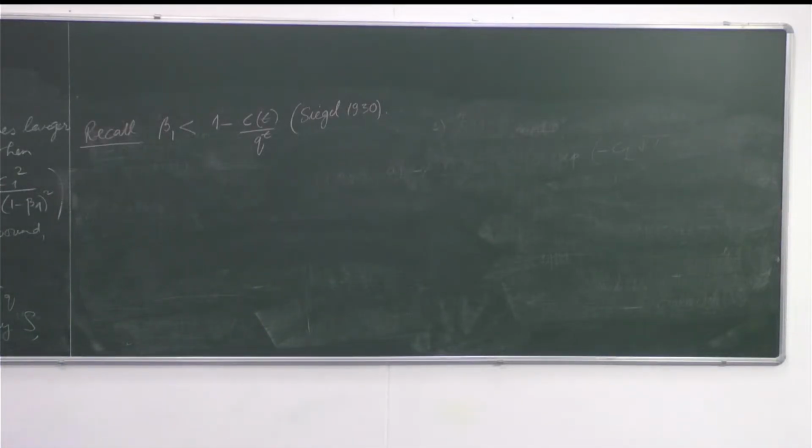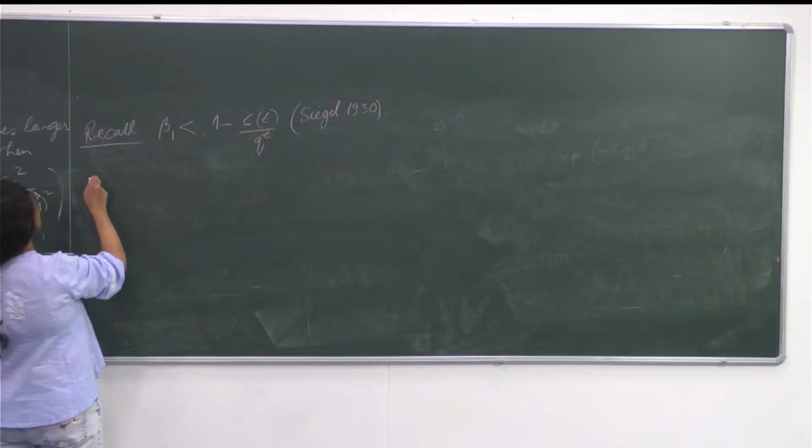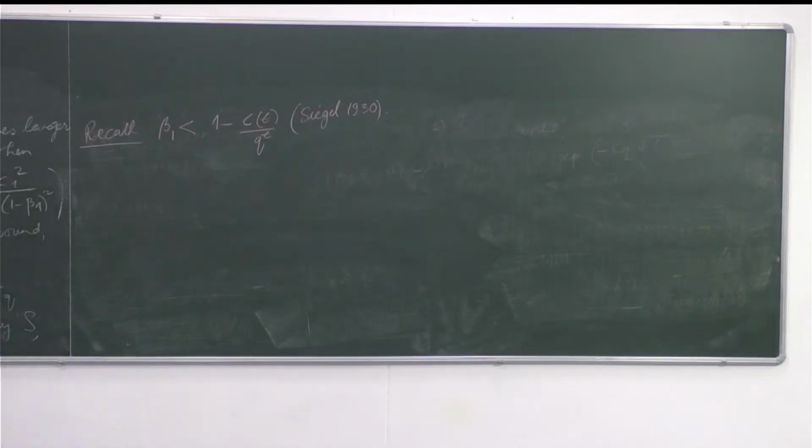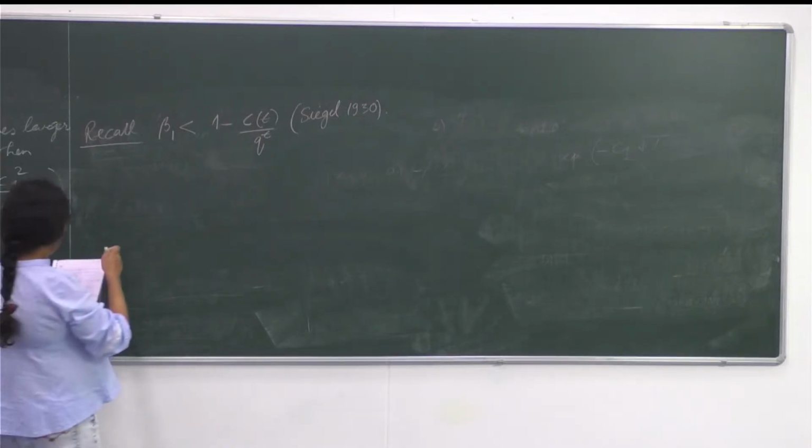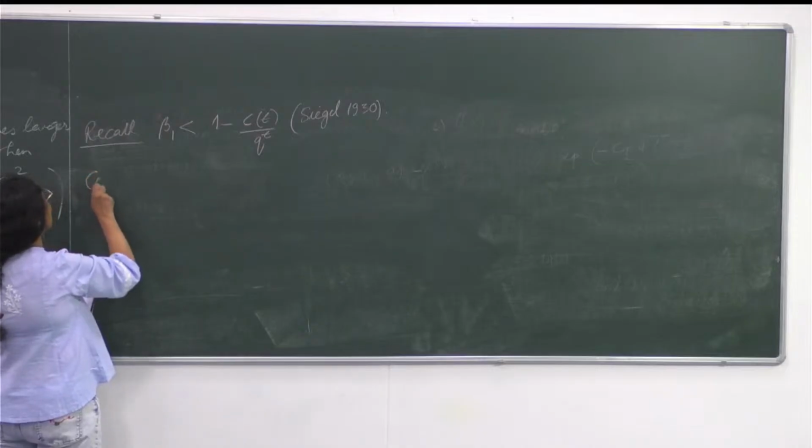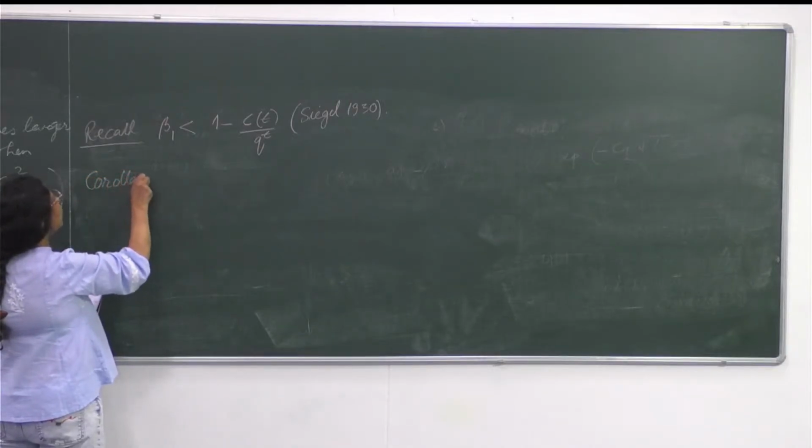And now we will show a corollary, not of Ziegel's theorem. I mean, it uses this, but it comes from the explicit formula. So the corollary of the explicit formula, which I should have given a name to.